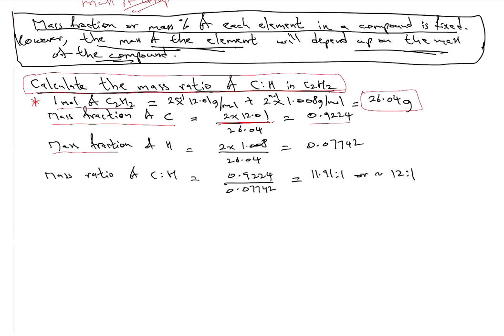Same way, the mass fraction for hydrogen: there are 2 hydrogen atoms, so 2 into 1.008, the weight of each hydrogen atom, divided by 26.04, the weight of the compound, and that mass fraction is 0.07742. Therefore, when you have to find the ratio of carbon to hydrogen, you just take those two fractions, 0.9224 divided by 0.0774, which turns out to be 11.91:1, or approximately 12:1.